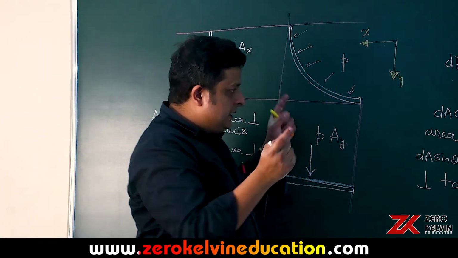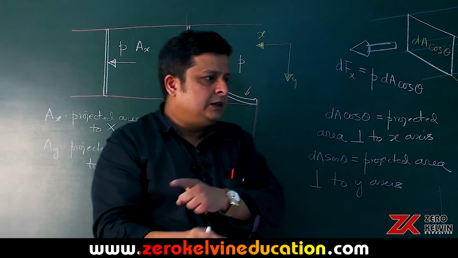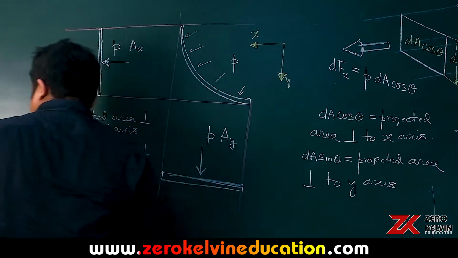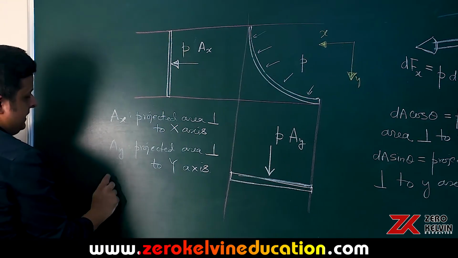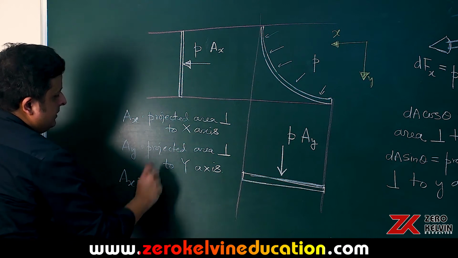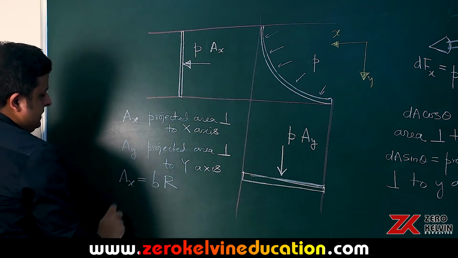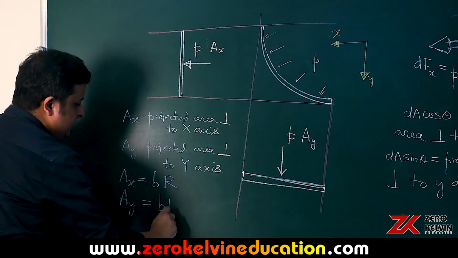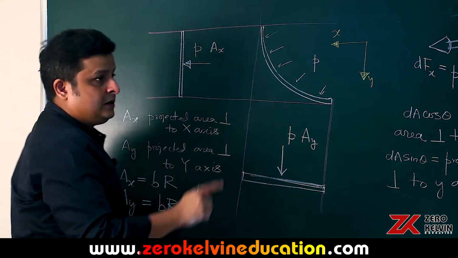Now, what are these AX and AY? If you look at the quarter cylinder, then it will be clear. So AX is equal to B times R, and AY is also B times R in this case. Why?